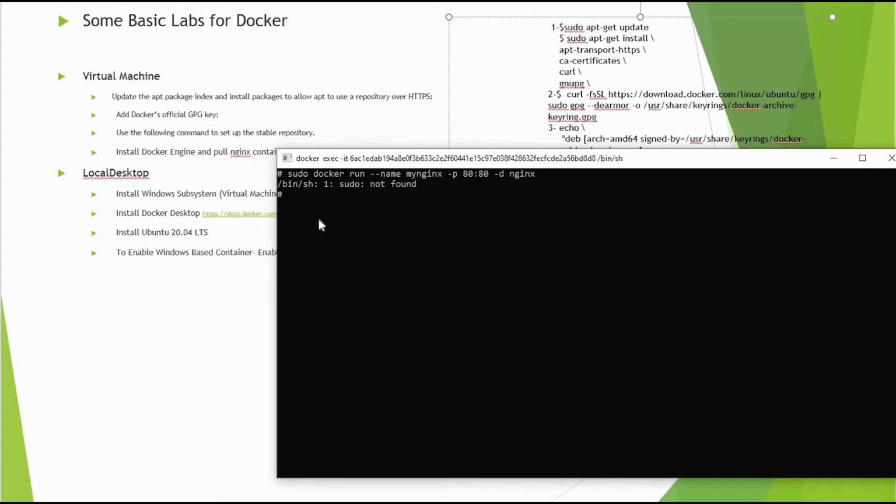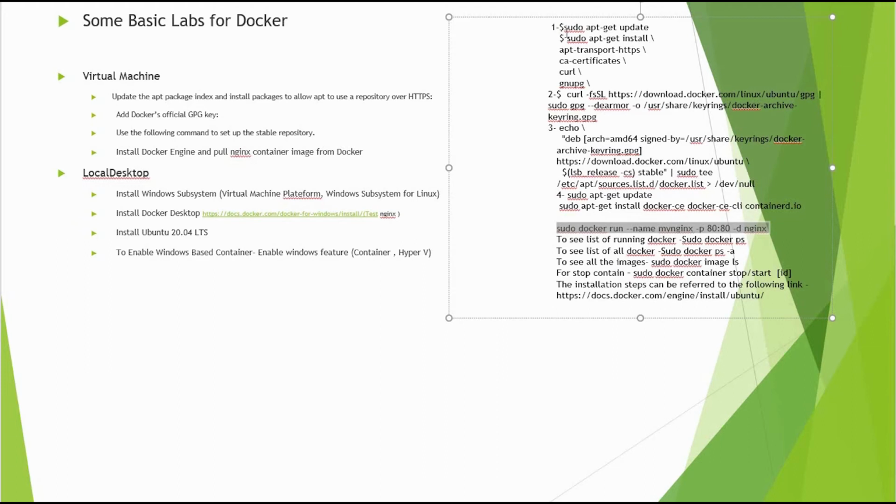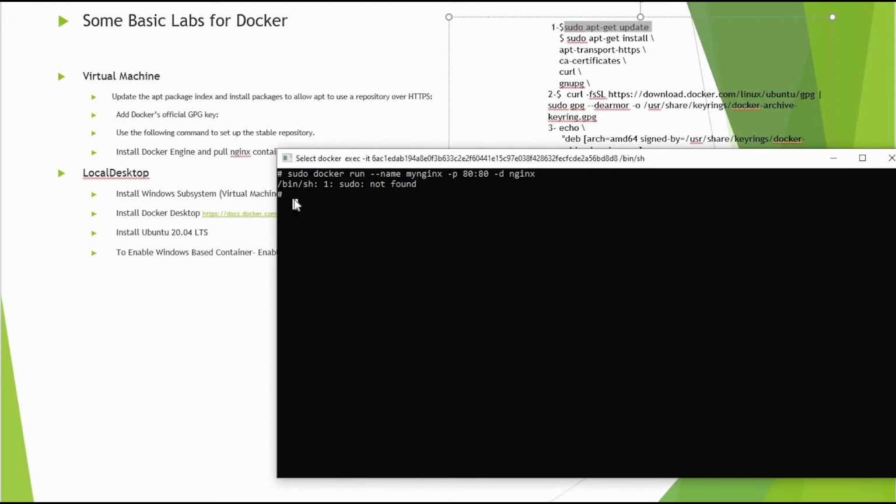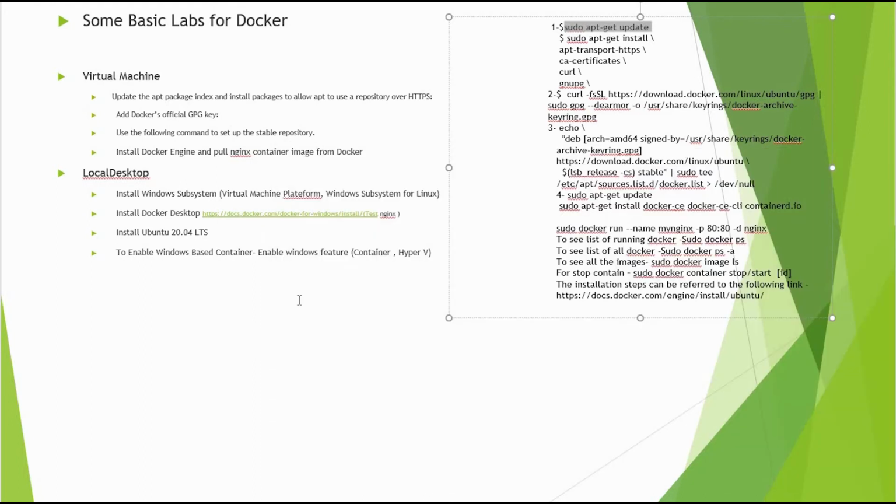Okay, maybe all the libraries have not been installed over here. So first we have to install all the libraries. You have to update and do all this. You have to follow the same steps that we followed on the Azure Linux virtual machine.